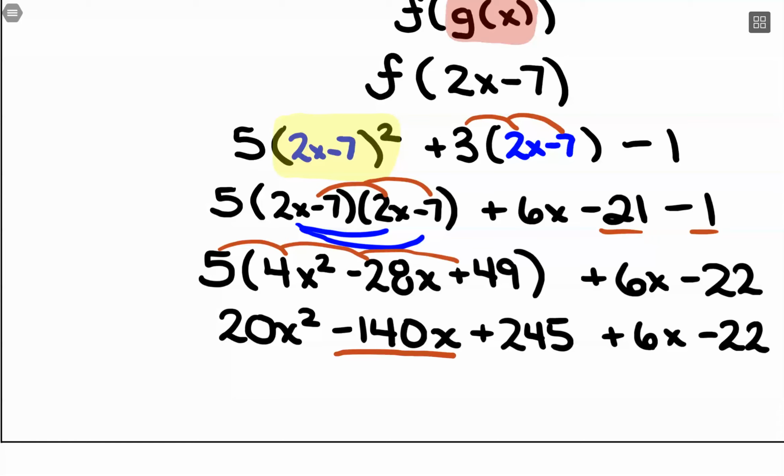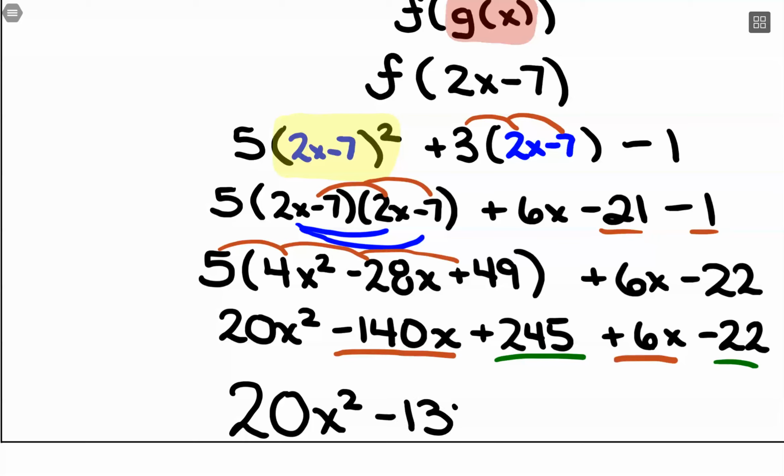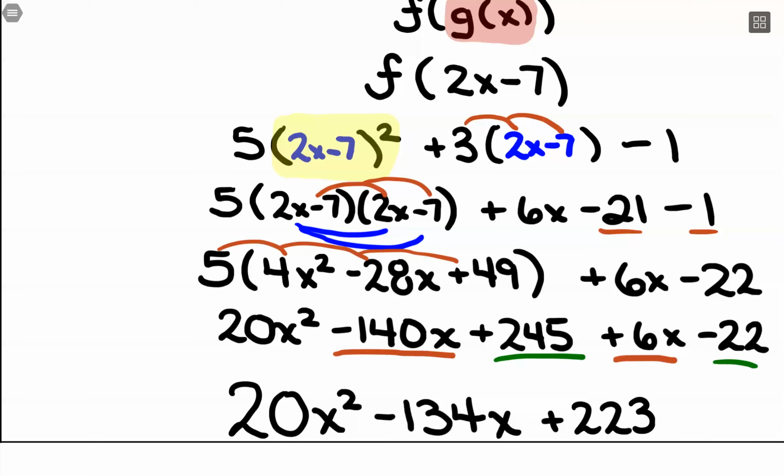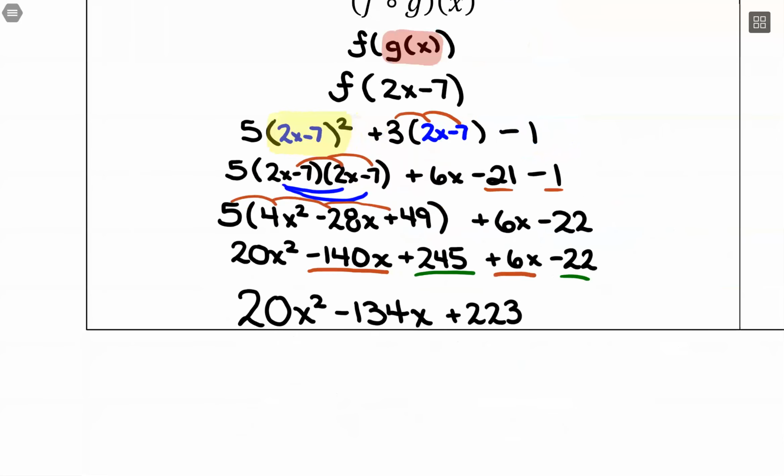So I have this negative 140x plus 6x. I also have this 245 minus 22. So we're going to end up with 20x squared negative 134x, and then 245 minus 22 will be positive 223. So all of that to get this function f of g of x. So that's the function from the composition where f is the outside function and g is the inside function.